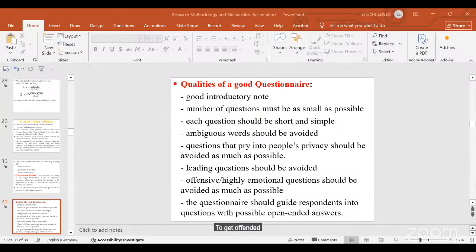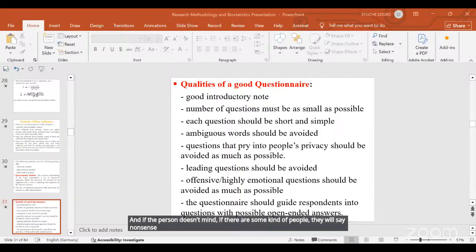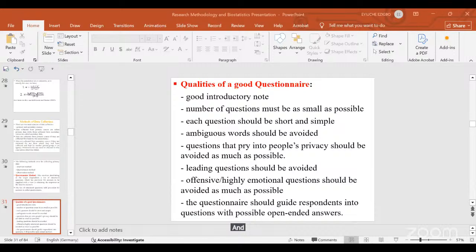How do you think that he will even continue to answer? He has been offended by your question. So they can just pick the questionnaire, fold it and put it in a trash can. And if there are some kinds of people, they will say nonsense, and that ends it. I hope you understand. That is on the side of offensive questions.